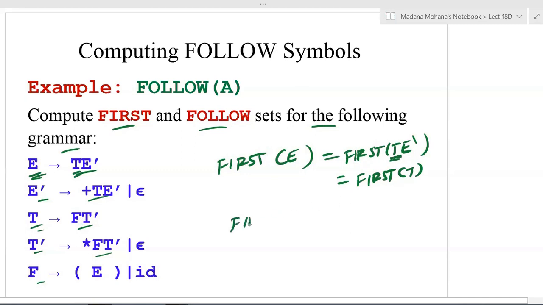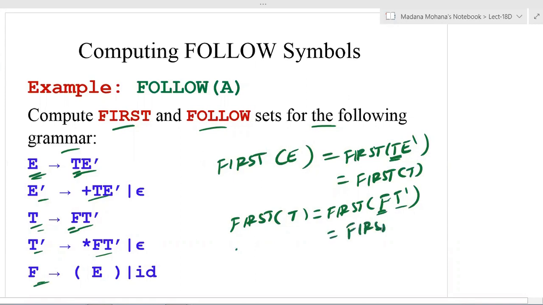Then first of T, first you need to find out. First of T equal to first of F. This is equal to first of F T dash. If first of F contains null or F derives null, then you can consider T dash also. But F does not contain null production. Therefore, here you can consider only first of F. Now if we can find first of F, the same values are in first of T, then the same values in first of E. Three values you will get.